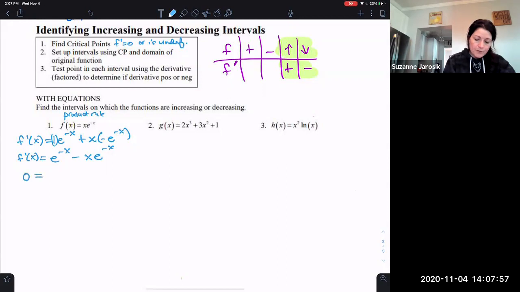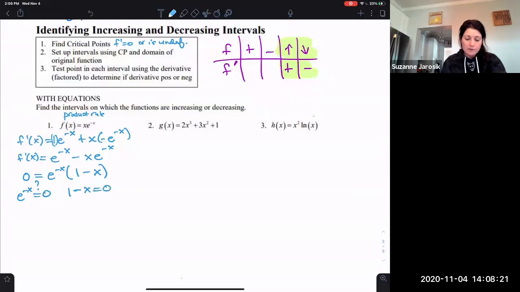I'm going to do a lot of factoring in this section, and I'm going to go ahead and factor right now while I set it equal to 0. I can factor out an e to the negative x. I'm left with 1 minus x. So the zero product property says e to the negative x gets set equal to 0 and 1 minus x gets set equal to 0.